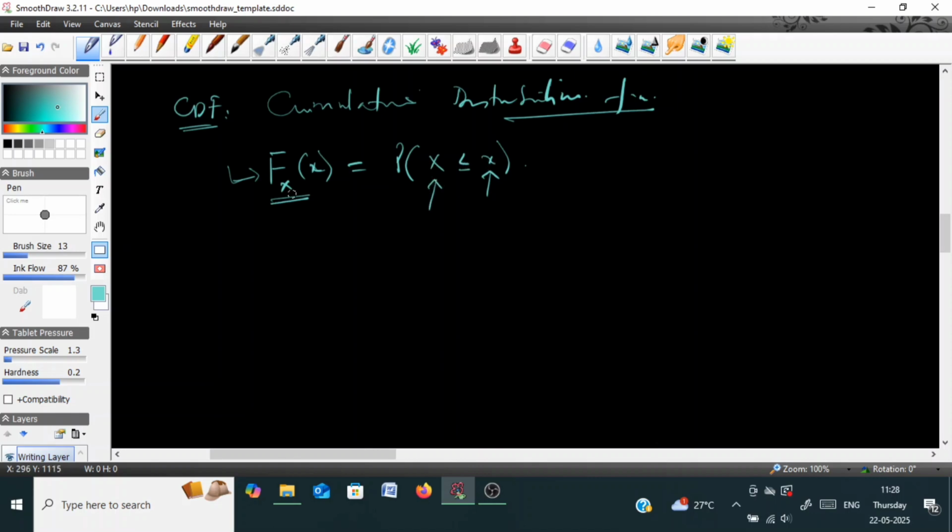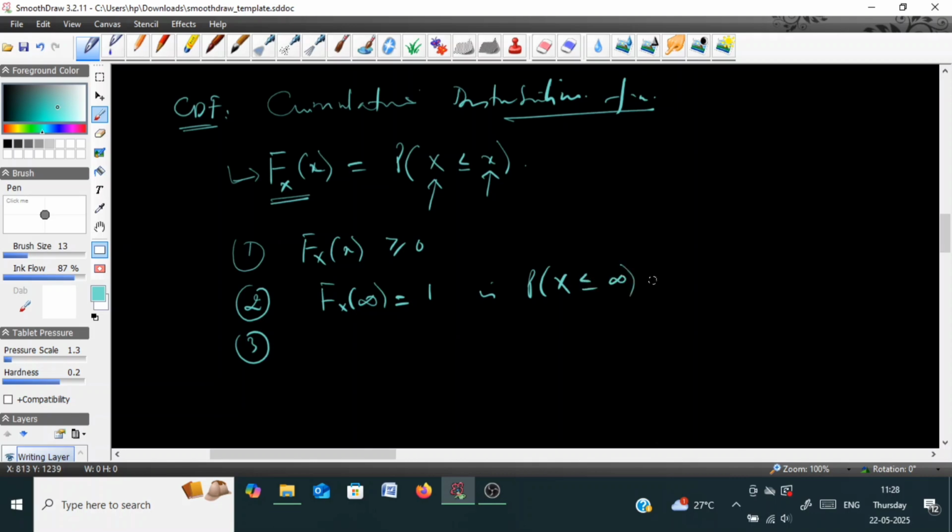It certainly has certain properties, like F_X(x) is greater than or equal to 0, definitely, because the probability cannot be negative. F_X(infinity) is going to be 1, because when you take x as infinity, the probability of the random variable X being less than or equal to infinity includes the entire sample space, and definitely it is going to be 1.